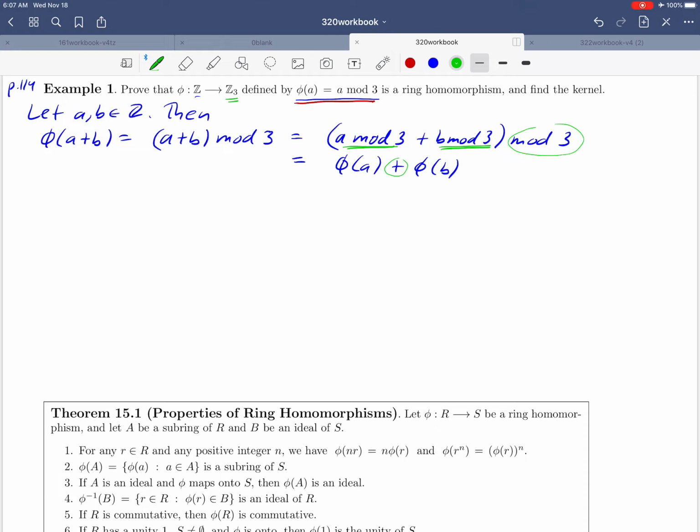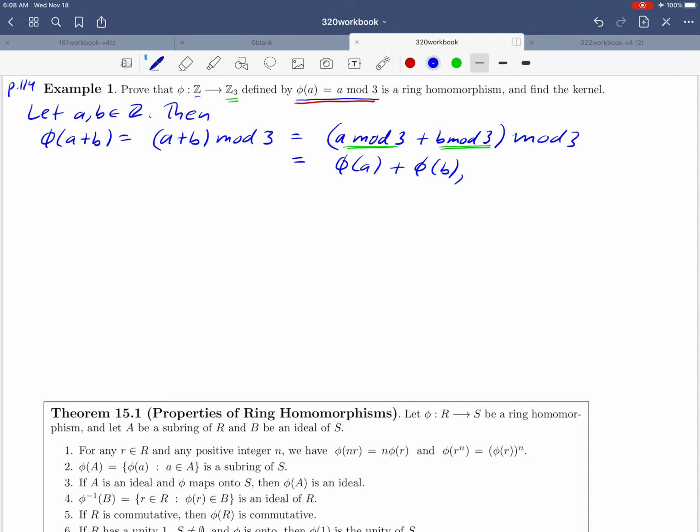So it actually is exactly equal, with the mod 3 on the end, like we see it. Let's clear a little clutter away here. So we do need that mod 3 at the end. Reading this left to right, we started with phi of a plus b, we ended up with phi of a plus phi of b. We've proven preservation of addition.